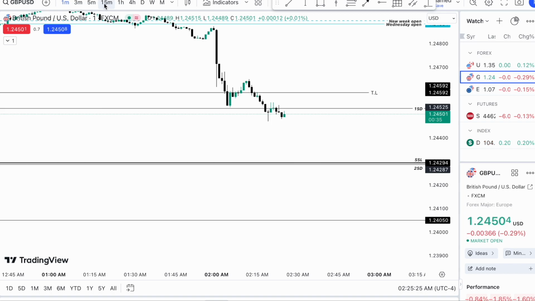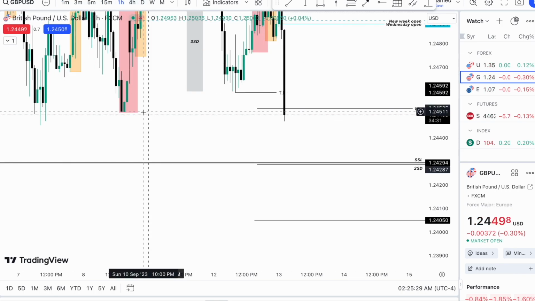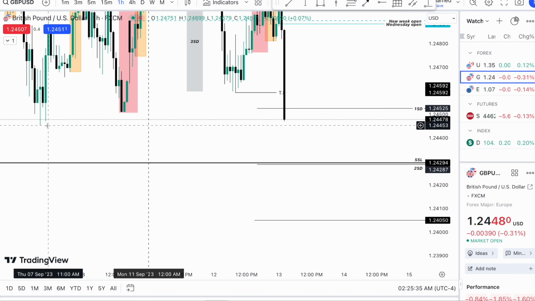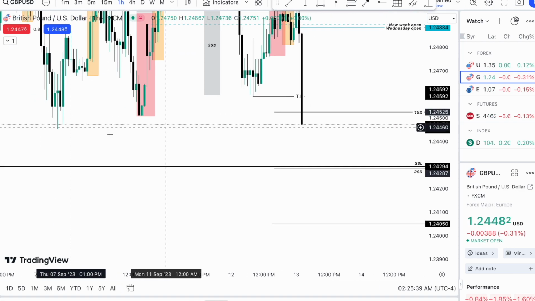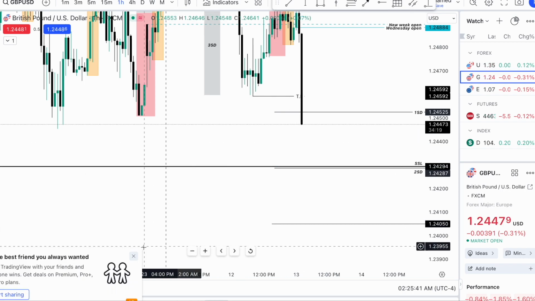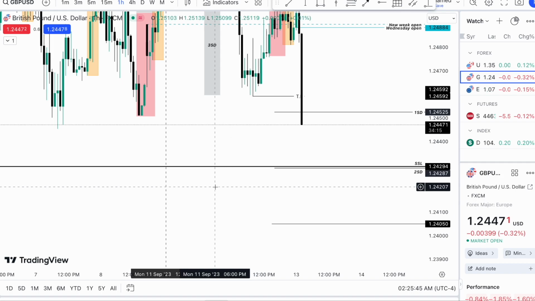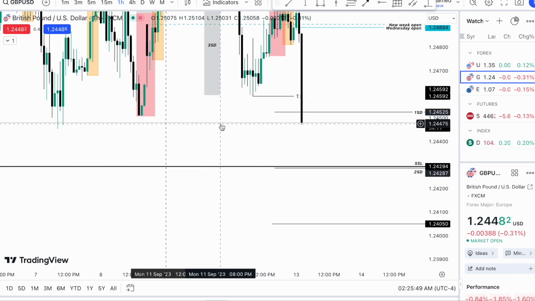But again, we were all looking for last week's low, or Friday and Thursday, to be traded to and through, and we're expecting it to reach all the way down to the daily liquidity pool. We'll just be patient and let the market do its thing.